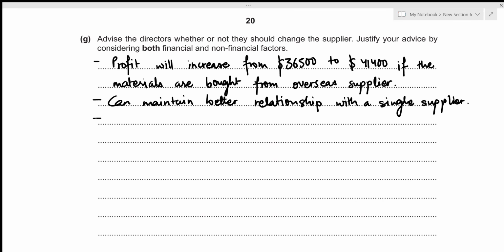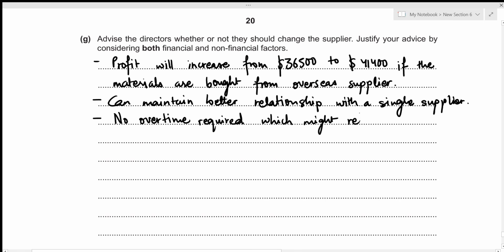While continuing our current process, we have to use overtime labor, but that is not the case for the overseas supplier because we do not need any overtime, which might reduce the cost. That can be an advantage as well. So no overtime required, which might reduce the costs.